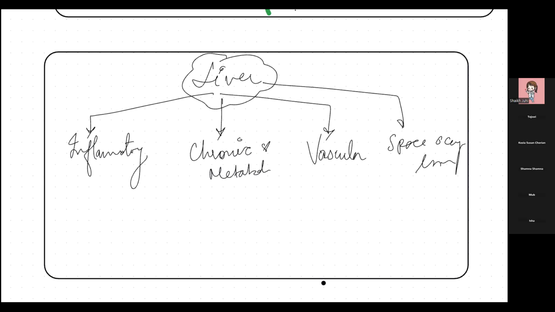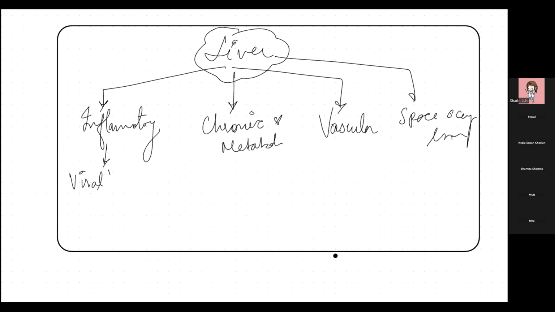If I talk about inflammatory diseases of the liver, what all things will come under it? Viral hepatitis, which is A, B, C, D, and E. There will be autoimmune hepatitis. What else?